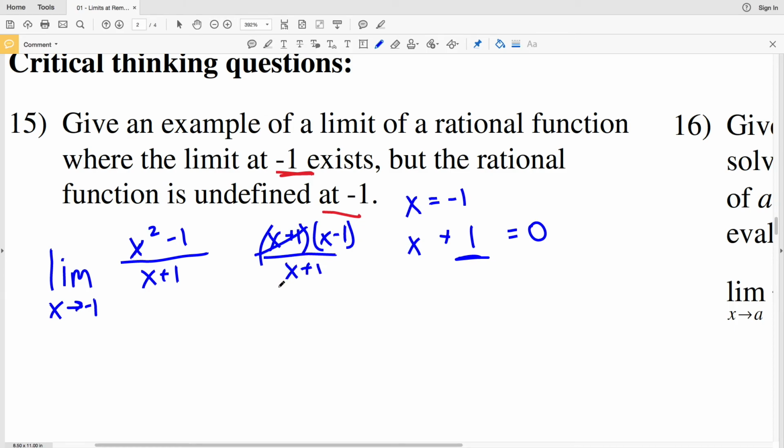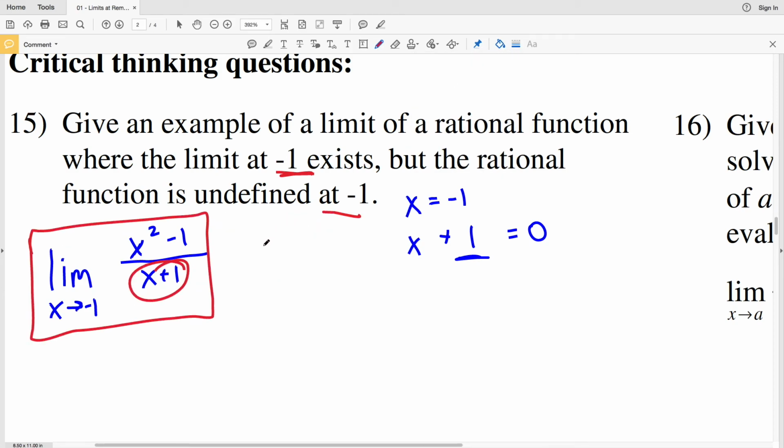And when I cancel out x plus 1 and x plus 1, my limit as x approaches negative 1 of my function is equivalent to the limit as x approaches negative 1 of x minus 1. So technically the rational function is undefined because plugging in negative 1 gives me 0, but the limit does exist. There's an equivalent limit that we can calculate.